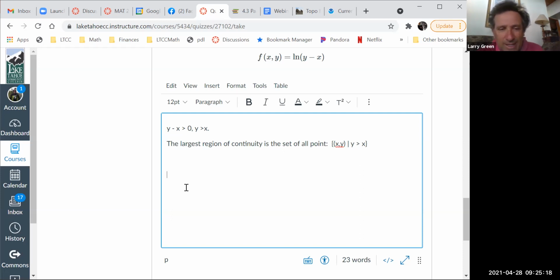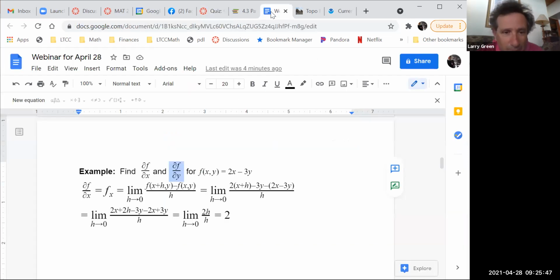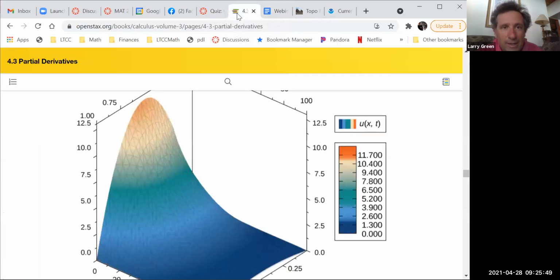But if I just type in limit, and then h, and then a little dash and a little greater than sign to make it look like a goes to arrow, that's how you make a simple arrow without using any fancy stuff. 0. And then the function was, let me remember again, 2x minus 3y.